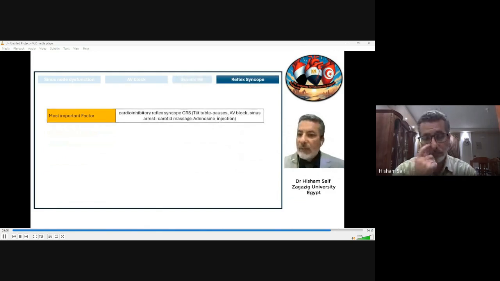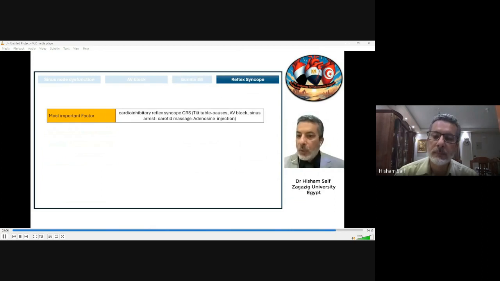The most important factor in this group is to register a cardio-inhibitory type of reflex syncope, which involves significant reduction of heart rate, significant sinus pauses, or heart block associated with reproduction of symptoms without an initial drop in blood pressure.